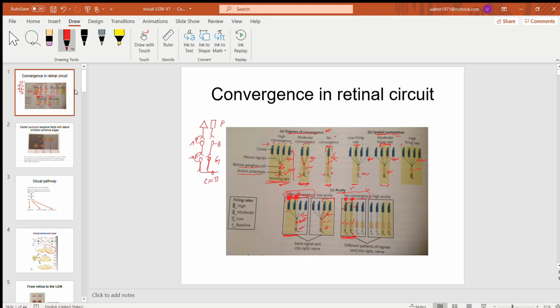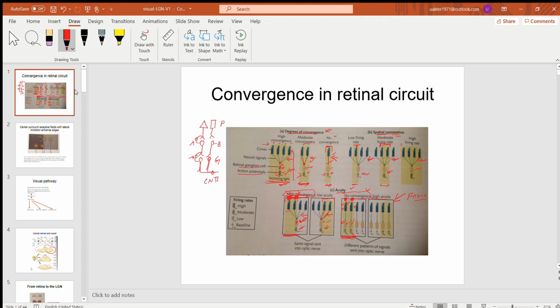So this is more in the fovea or central part of the retina, where the cones have less convergence. That means the brain receives signal from separate cones separately, and that gives the high acuity, the ability to discriminate the small things more clearly.